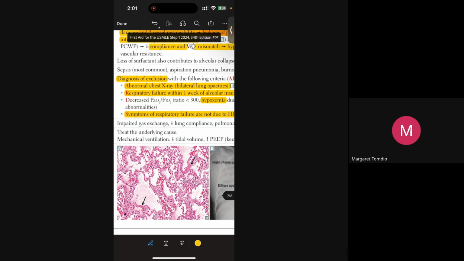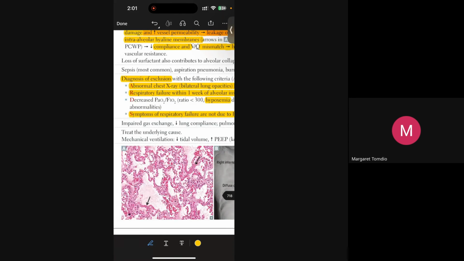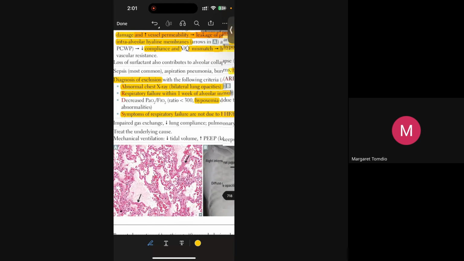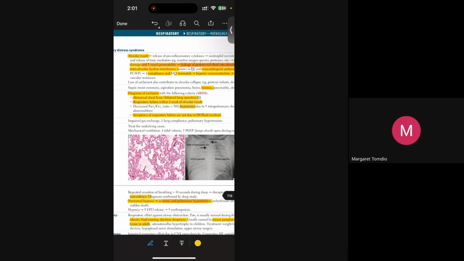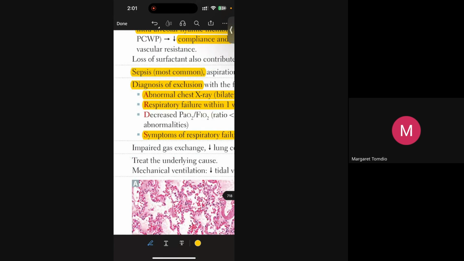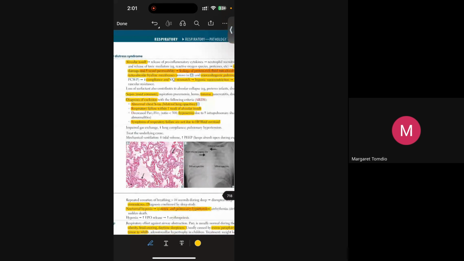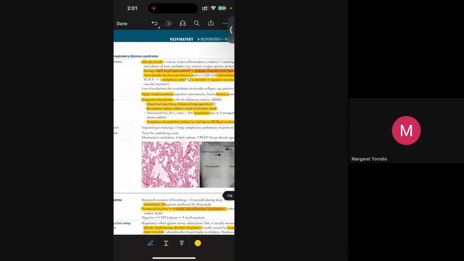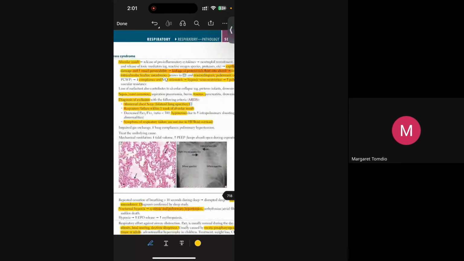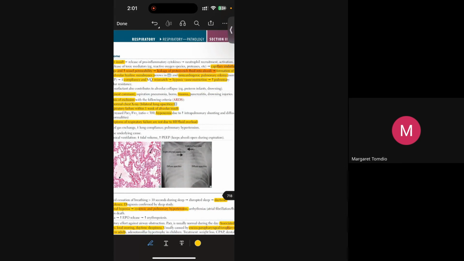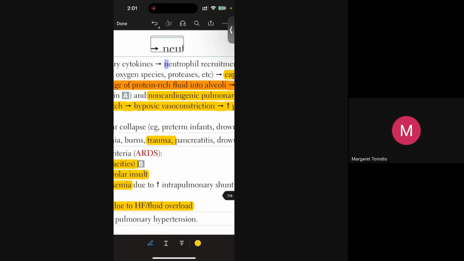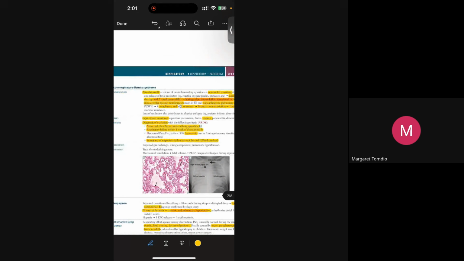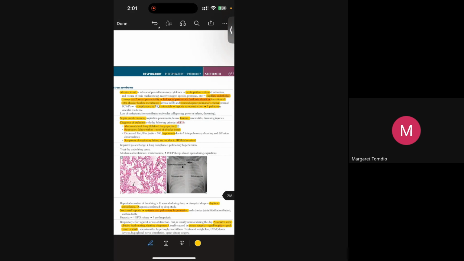Respiratory abnormal bilateral lung opacity, hypoxemia, not due to heart failure. In causes, there is sepsis, most common, aspiration pneumonia, trauma, hepatitis. Neutrophil recruitment. And there is a toxin mediator.